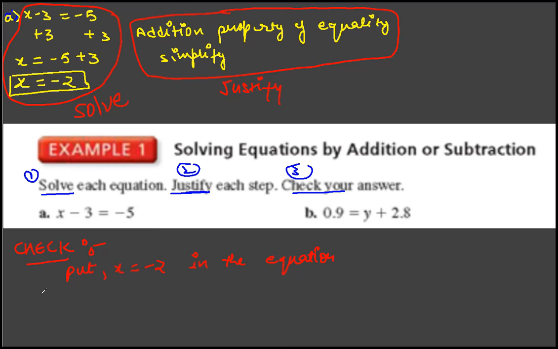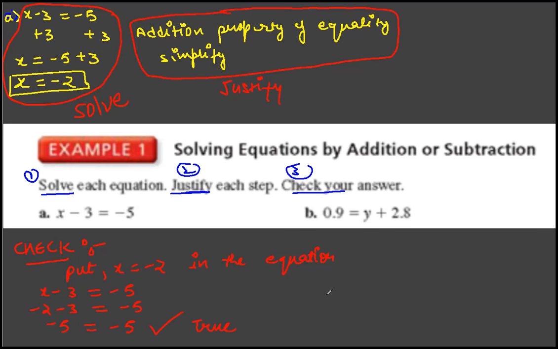The equation is x minus 3 equals negative 5. Negative 2 minus 3 is negative 5, which equals negative 5. That's true. It means your answer is correct.